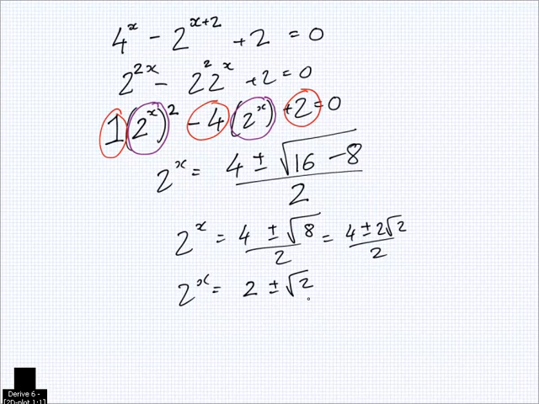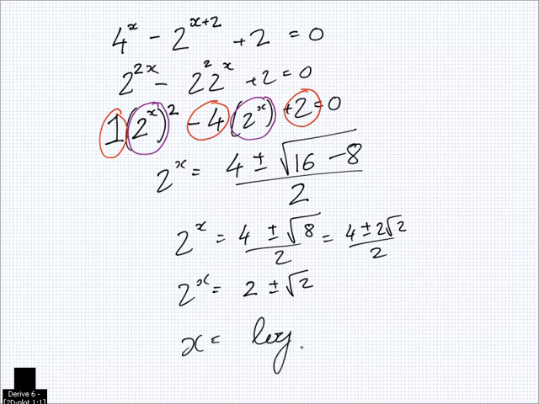Now, I need to figure out what the x is. So you can say x is log base 2 of 2 plus or minus root 2. Because you're literally asking 2 to what power gives me this number I have here.